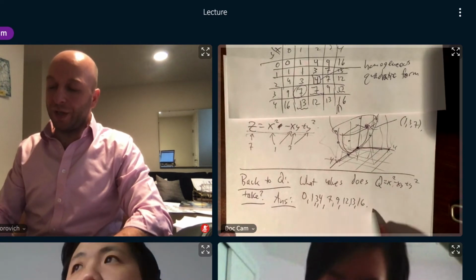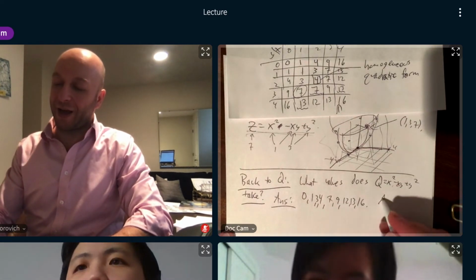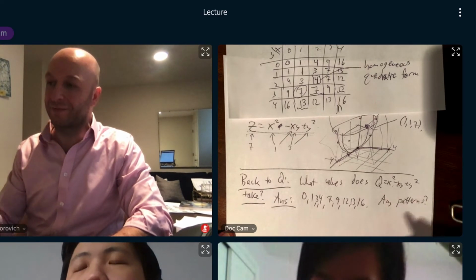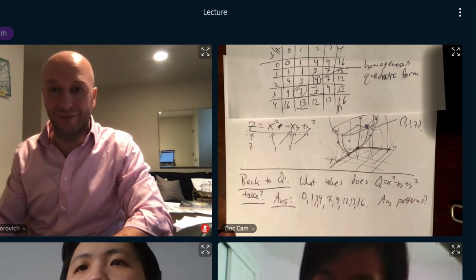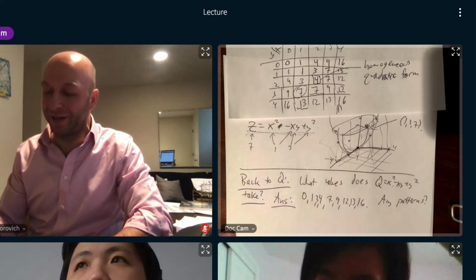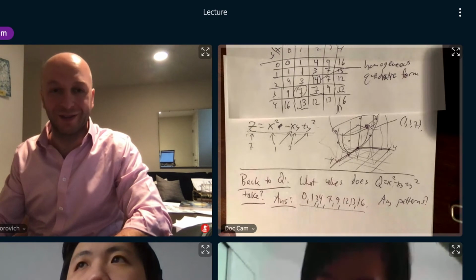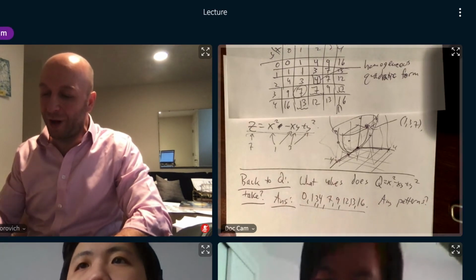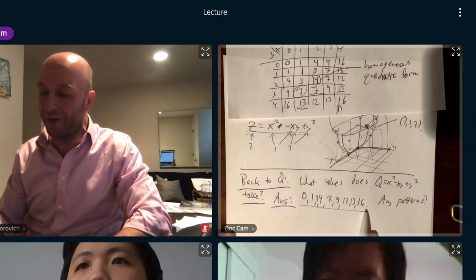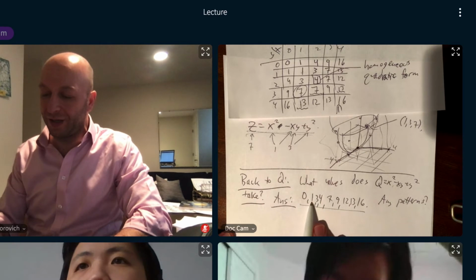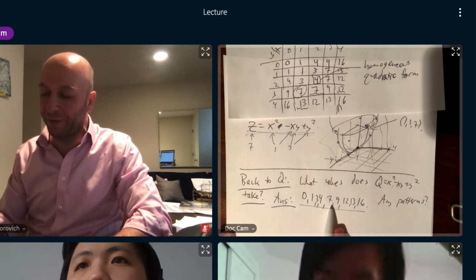Okay. So do we notice any patterns? What numbers are not represented here? Without more data, I think it's pretty hard to notice patterns. Let's look mod 4, by the way. Do we see everybody mod 4? I see a 0 mod 4. I see a 1. I see a 3.